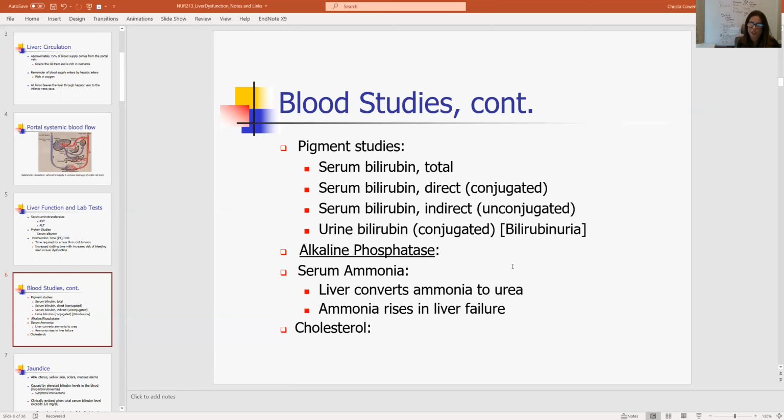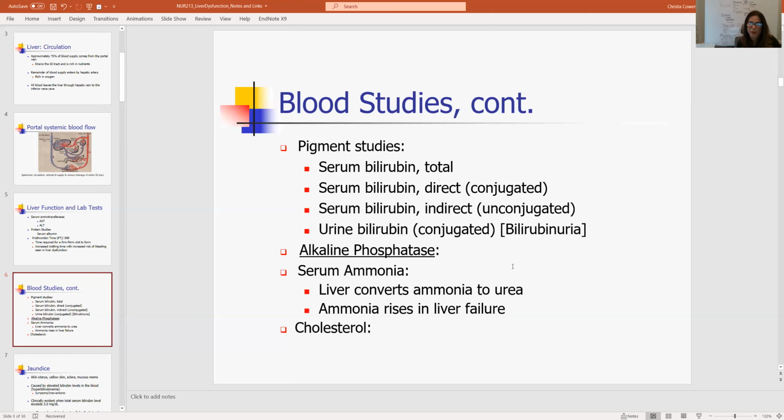Or if something is causing a high direct and indirect bilirubin, you will have a very high total bilirubin. We'll talk about those in more detail in a minute, but just understand that the total is a combination of both the direct or conjugated bilirubin and the indirect or unconjugated bilirubin.